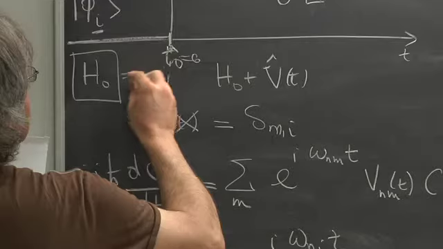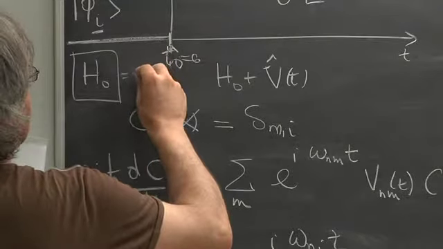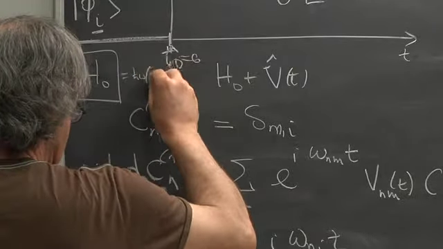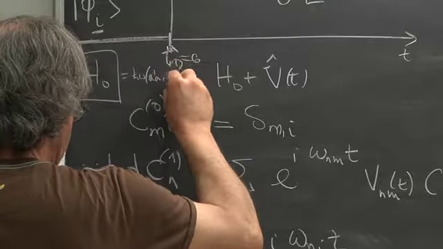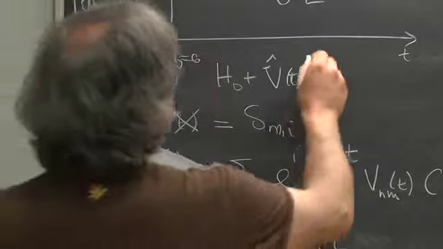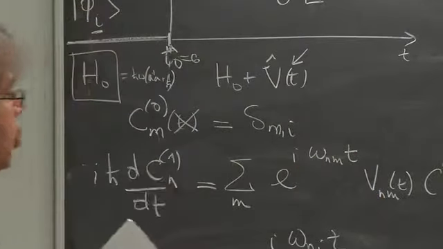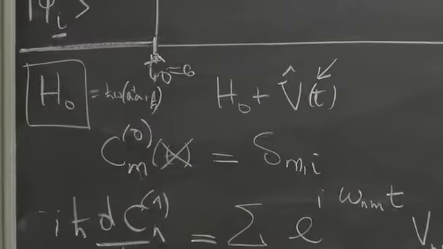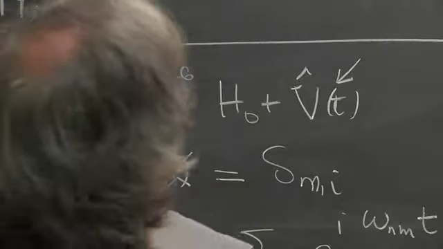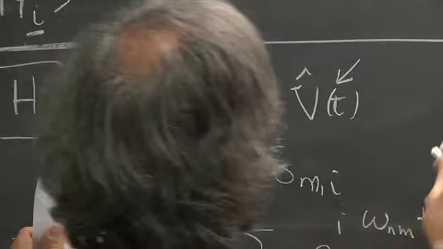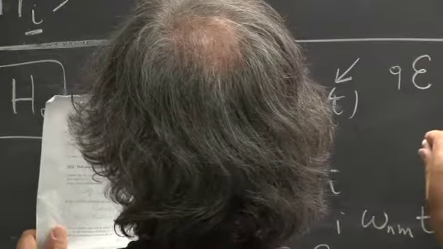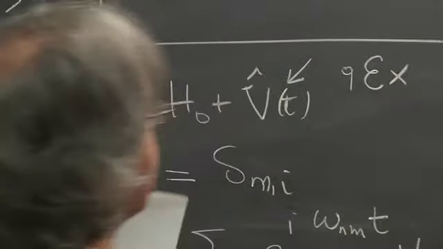Equal to, for instance, h bar omega (a dagger a plus 1/2), written in the usual a and a dagger. And V of t is the turning on of an electric field. We already did that, okay? Remember, we did an electric field, say q times electric field times x, okay?